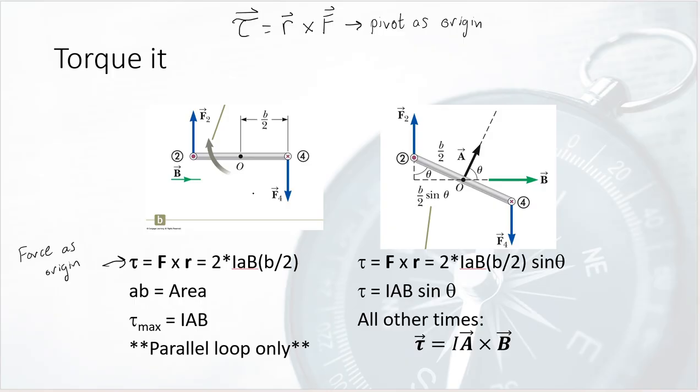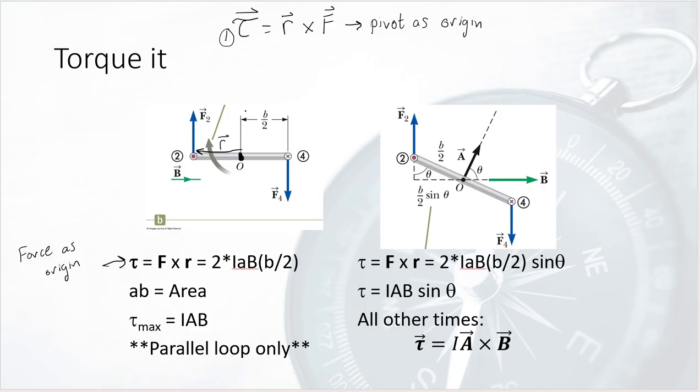Now, what exactly does that look like? It's a matter of how you choose to set up your coordinate system. So I'll take this one as our first sort of demonstration. According to this version of torque, the origin here is where we're centering all things, which means our lever arm goes out to our point where force is applied, and this would be R, and our force points upward, as expected.